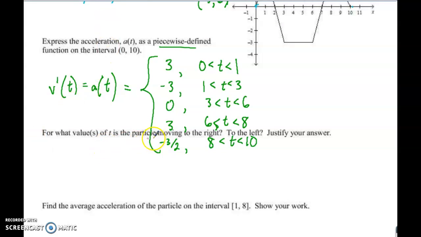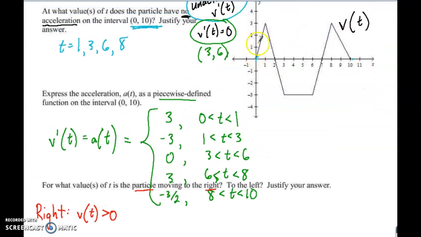As we move on to the next one, when the particle is moving to the right. Now think about what it means for the particle to be moving to the right. Well, that's where the velocity must be positive, greater than 0. So as we look at where the velocity is greater than 0, above the x-axis might be another way of saying it, it would be between 0 and 2 and then 7 to 10.